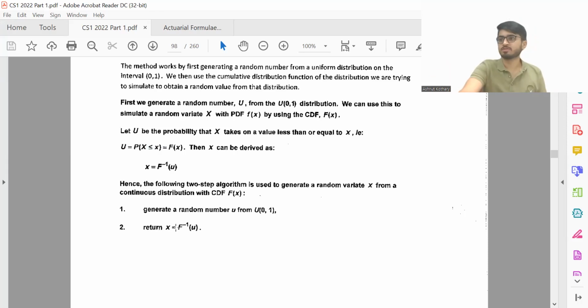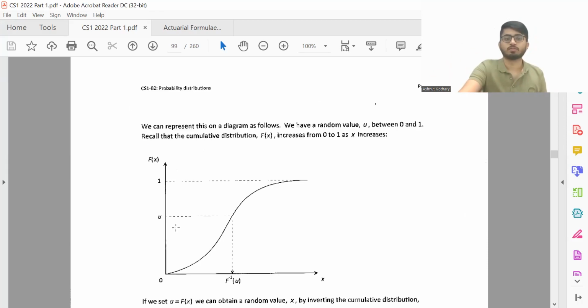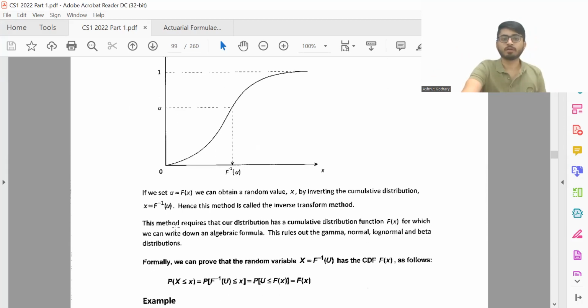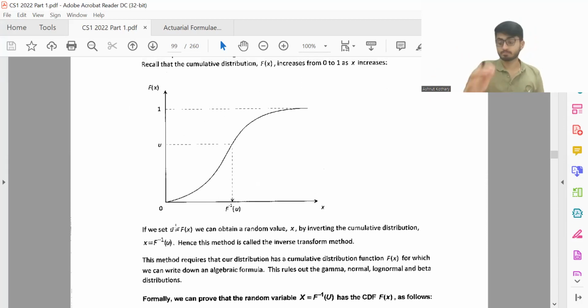This is for a continuous distribution, fairly straightforward. From the graph, let's see how we can look at it. If we are plotting a graph, on the x-axis we have x, and on the y-axis we have Fx. If the value of, let's say, u is given, I need to equate u to Fx. This is the point on Fx. Correspondingly, I need to find the value of x over here.